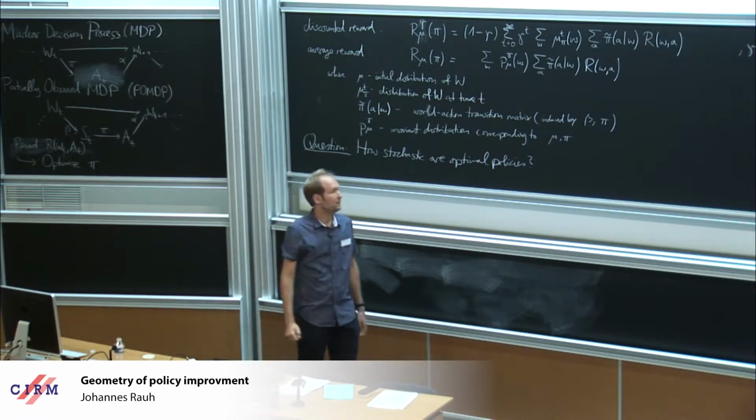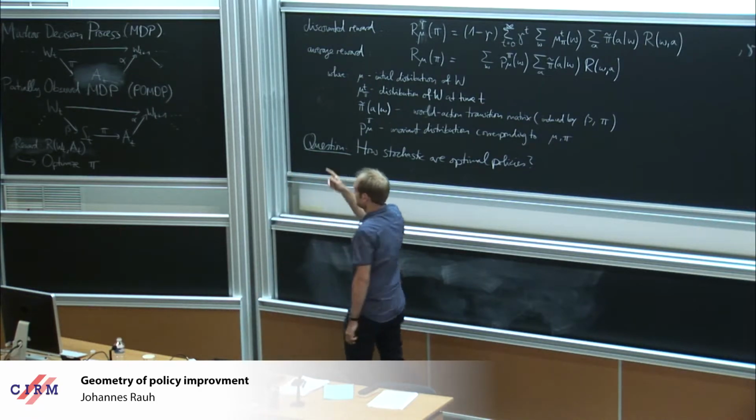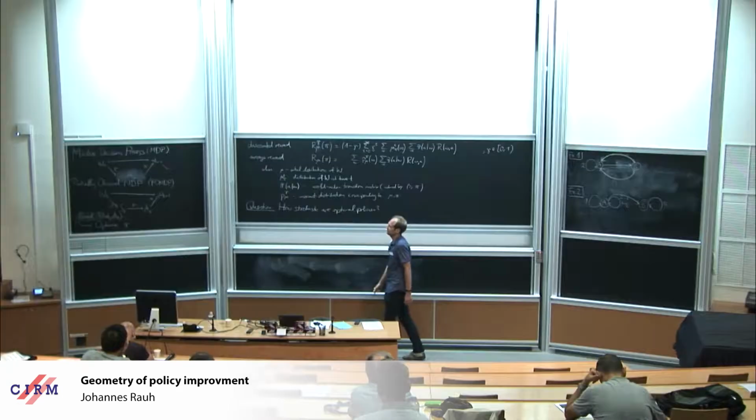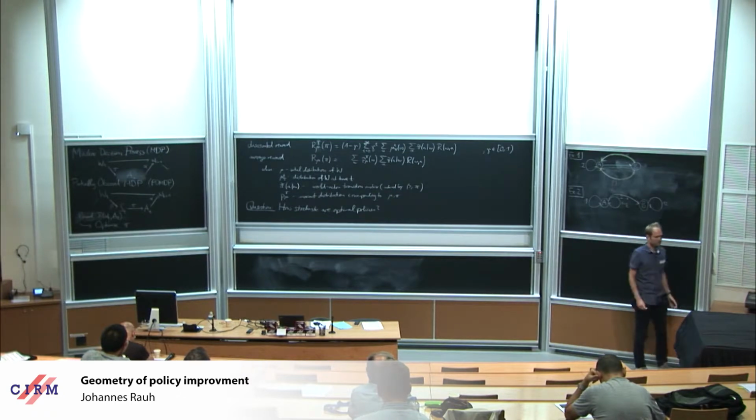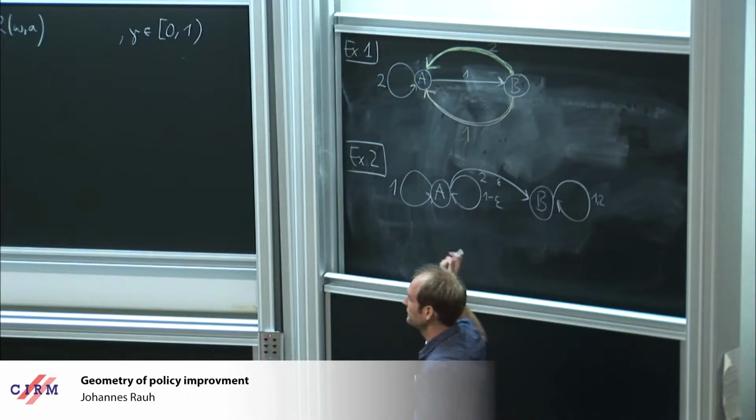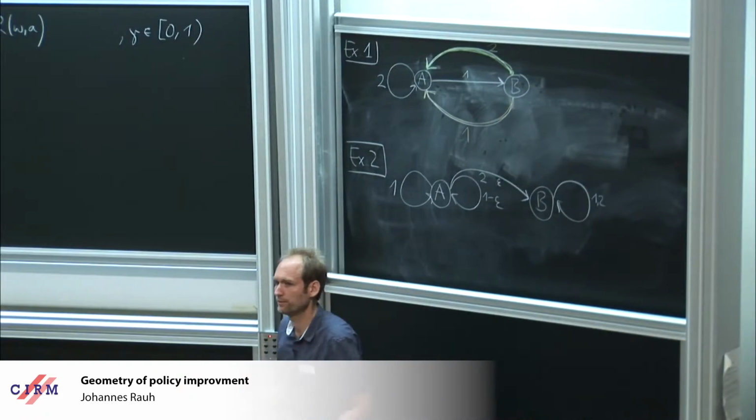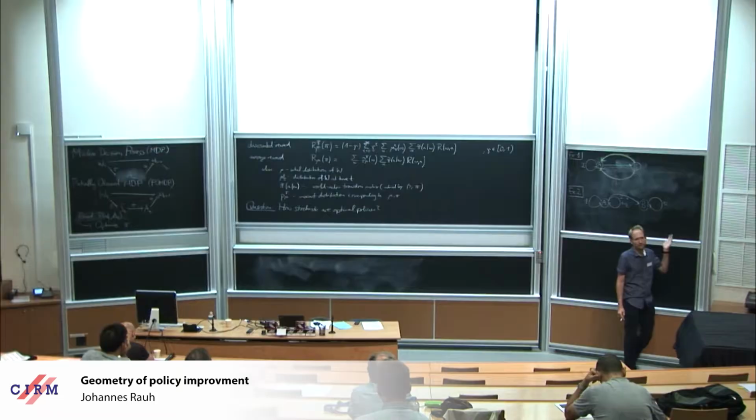There's a difference between Markov decision processes and POMDPs. As I've argued here in example 1, if you don't observe the world state, so if you're completely blind, then you need a stochastic policy in order to get some reward. So this is an example for a POMDP where you really need a stochastic policy.